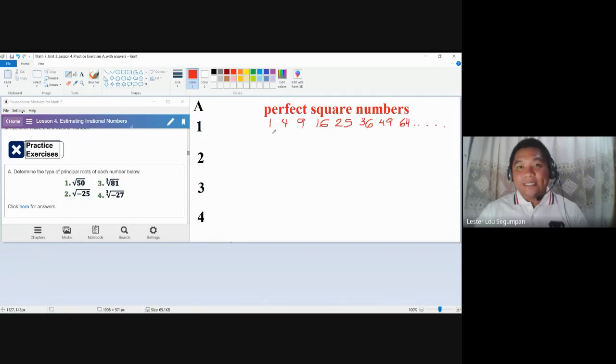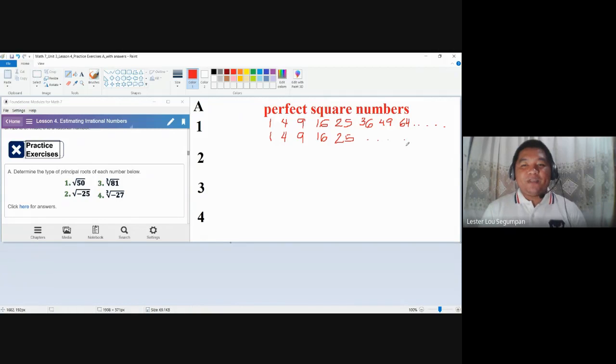Positive what? Positive 1. So for negative 2 times negative 2, the answer is positive 4. Negative 3 times negative 3, positive 9. Negative 4 times negative 4, positive 16. Negative 5 times negative 5, positive 25. And you may continue the list.